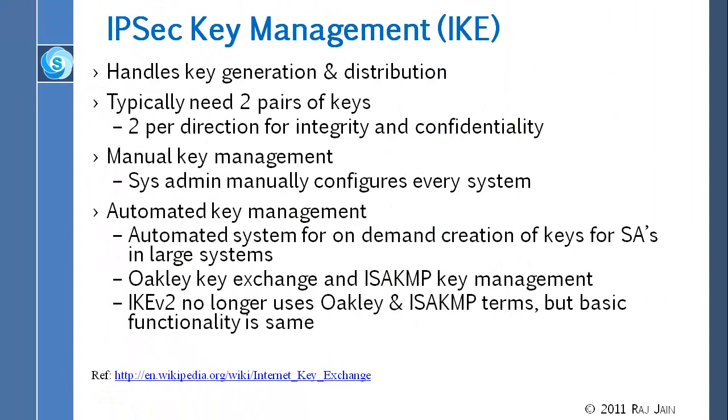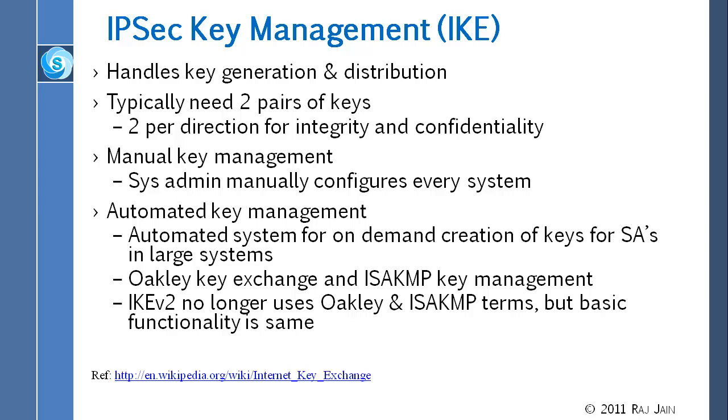Now we come to the key management, IKE. So the purpose of IKE is handshake, to just somehow agree on a secure key, and so basically we need 2 pairs of keys.